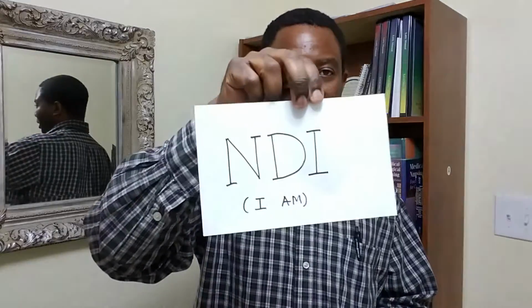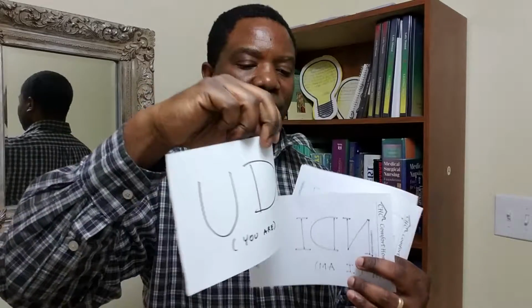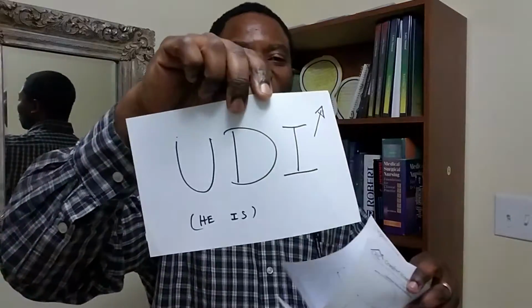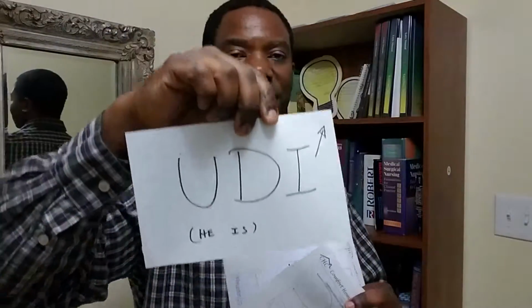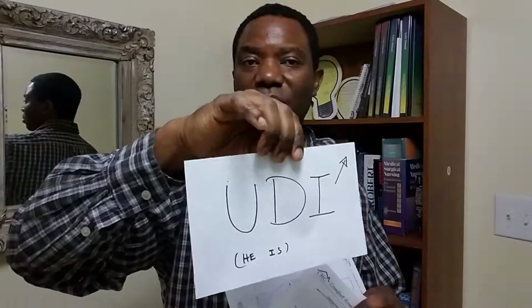Let's try again together. Ndi, I am. Udi. So then the third one is still udi. So udi means you, and udi means he or she.